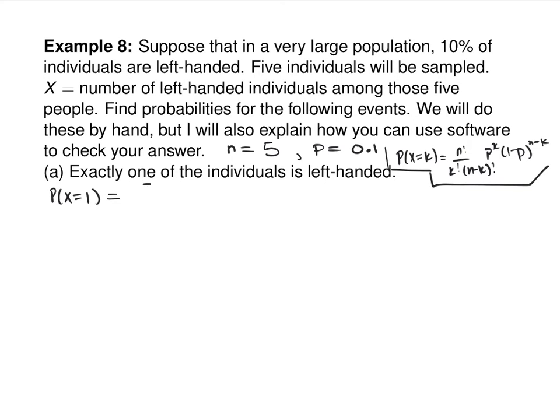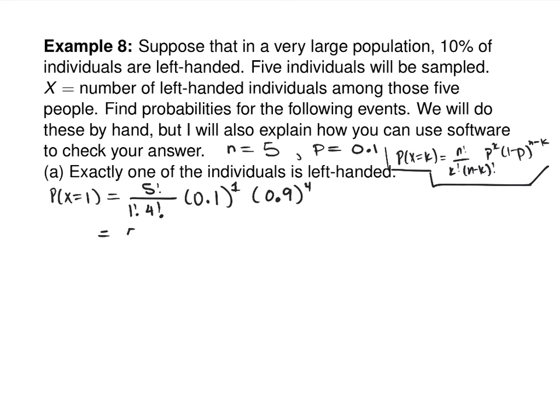Okay, so n is 5, so you have 5 factorial over 1 factorial times 4 factorial, times 0.1, that's our success. We have 1 success, which means we have 4 failures, and 1 minus 0.1 is 0.9, 0.9 to the 4th. Together, these exponents should add to the number of trials you have. Let's simplify that.